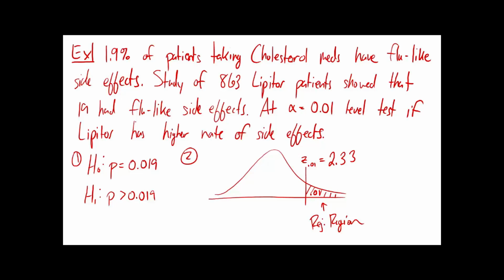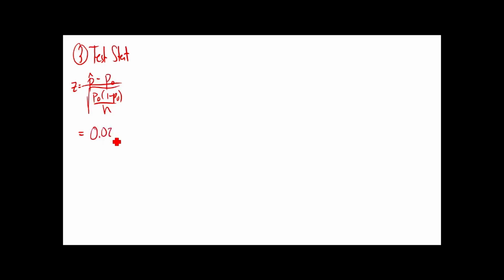Now we get the test statistic. Yep. Okay. So now we're going to go get our test statistic. Since we're doing proportions, it's just going to be this value. Okay. So our p hat, what was our p hat? Was it 0.022? So that was our p hat.